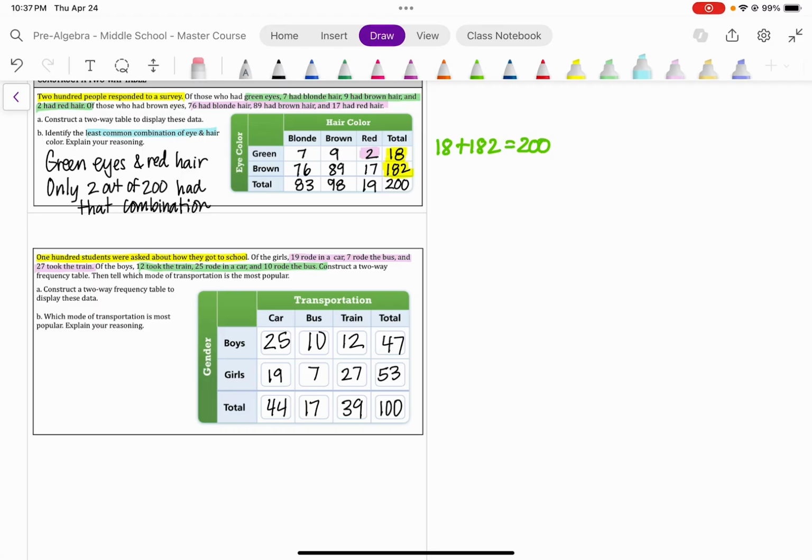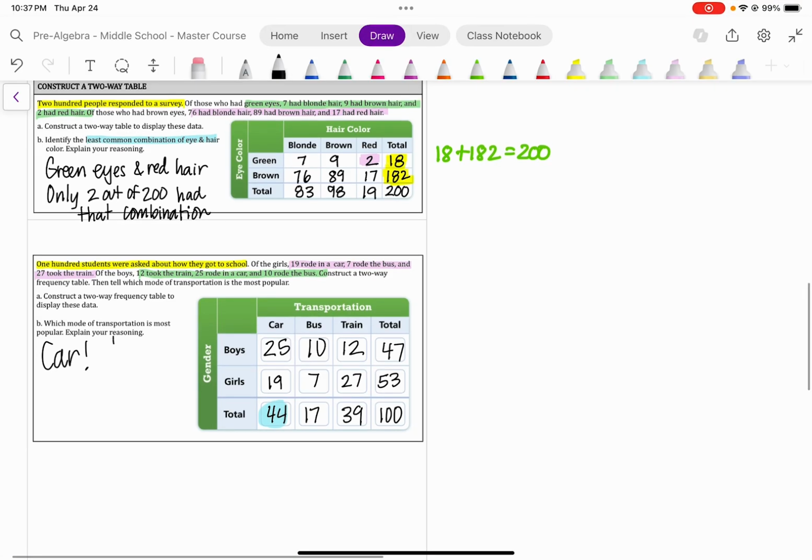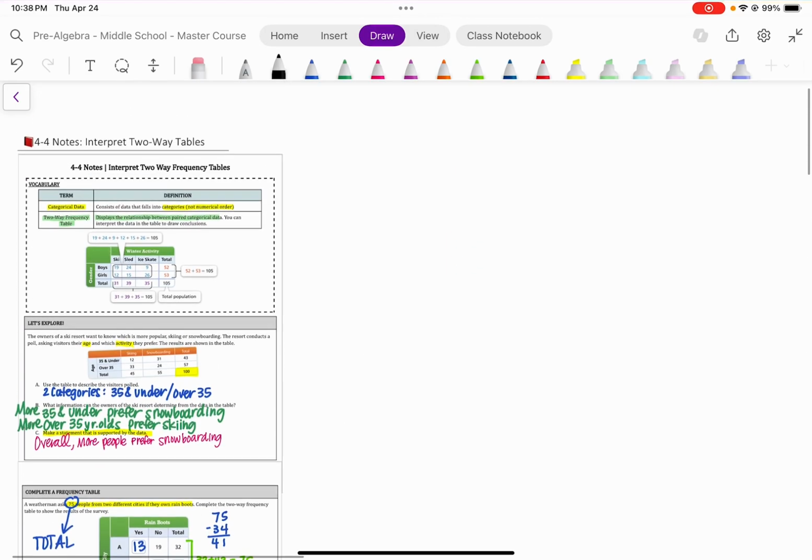Well, it's the column that has the most. So that's a car. It has the highest frequency. Okay, that's it for section 4.4.